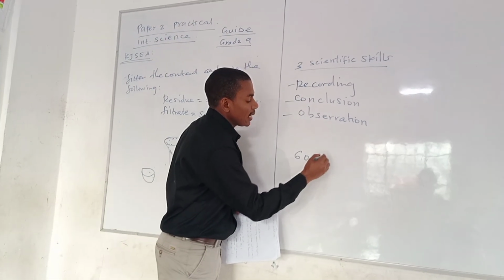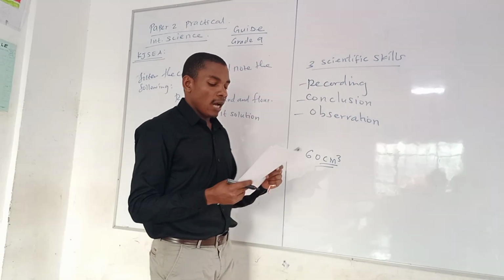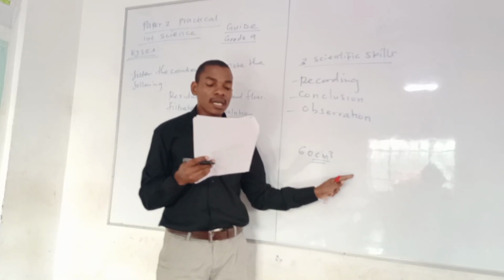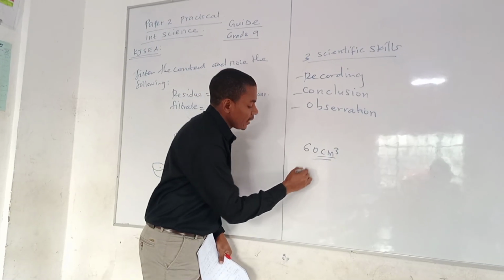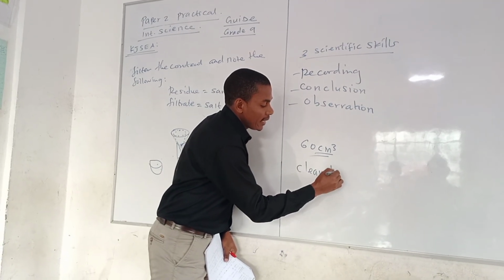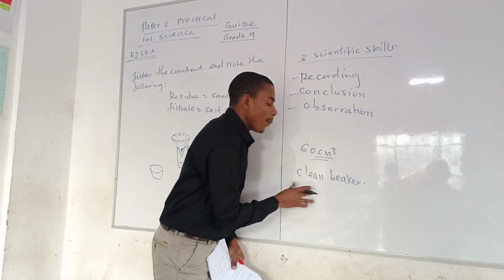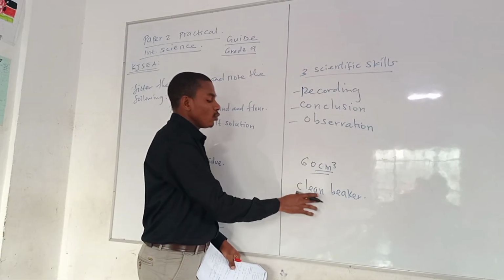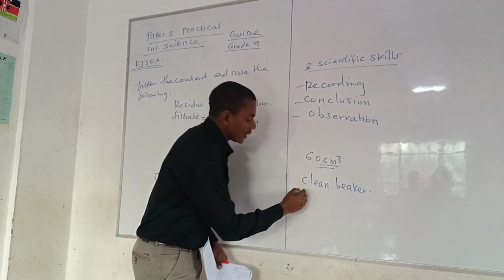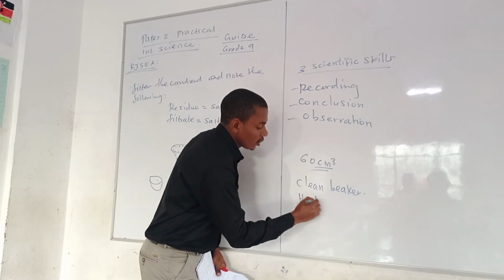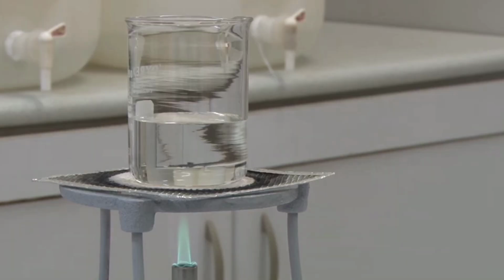After measuring 60 centimeters cubic, pour this 60 centimeters cubic into a clean beaker. After pouring, heat this solution until it boils.